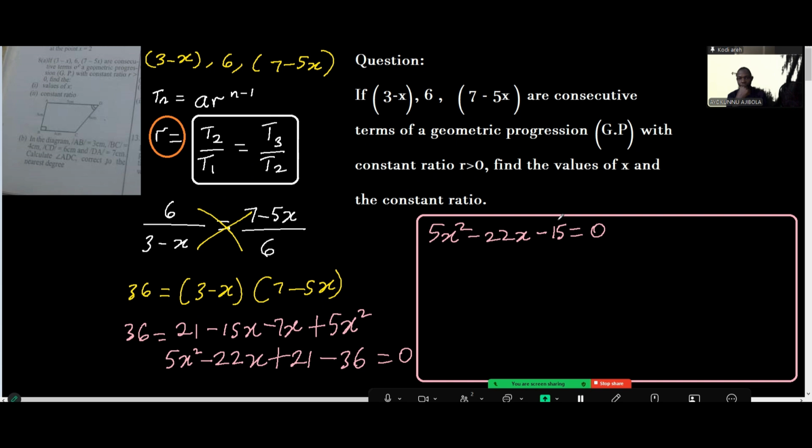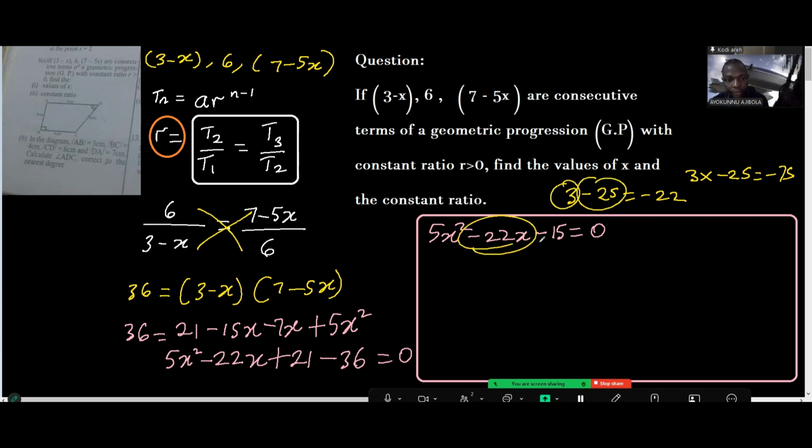What are those two numbers? Okay, let's try. Are you there? Yes, sir. So let's try 3 minus 25, which will give us minus 22, right? Yes, sir. And 3 times minus 25 gives us minus 75. So I think 3 and negative 25 should work to replace this middle number.